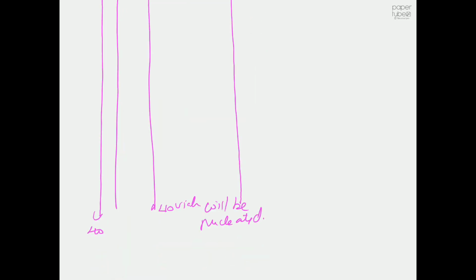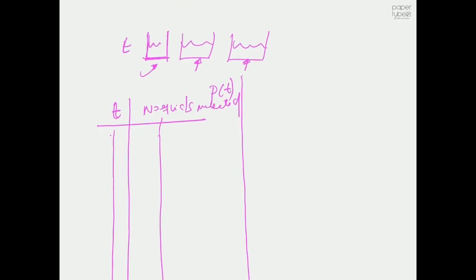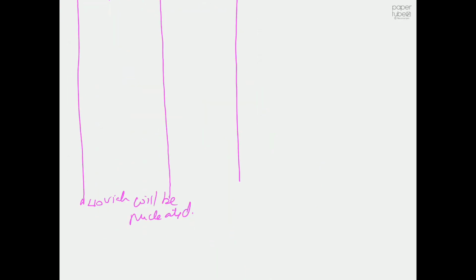This is just simple: the number of vials nucleated divided by the total number of vials, multiplied by 100, or if you want, you don't have to multiply it by 100. If you don't multiply it by 100, the probability will range from 0 to 1.